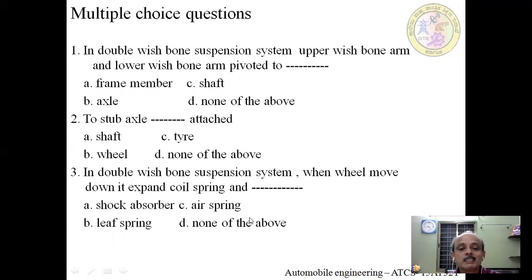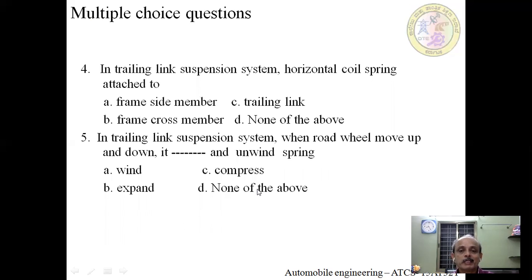As we know, in the double wishbone system, the coil spring and shock absorber are attached to the frame and the lower wishbone. When it goes down, two parts expand: one is the coil spring and the second is the shock absorber.